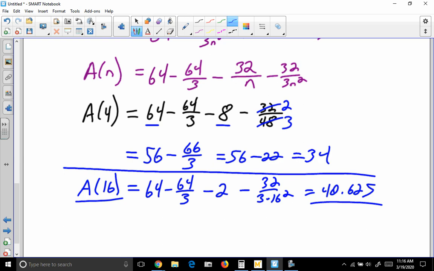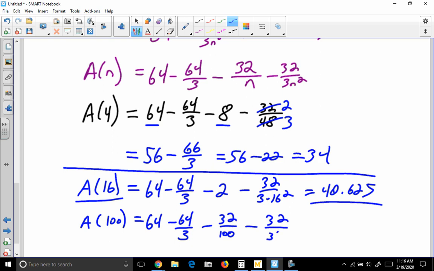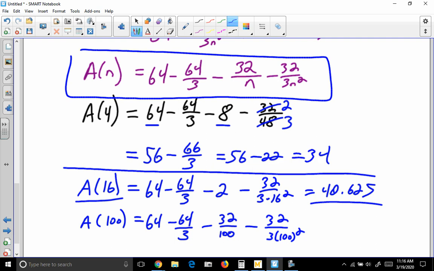So if we wanted to get a better approximation, we could let the number of rectangles be 100. If we put 100 into our formula, we have 64 minus 64 over 3 minus 32 over 100 minus 32 over 3 times 100 squared. So each time we're just going back into our formula that tells us area. When you tell us the number of rectangles, we're putting in how many rectangles we want to use for our approximation.